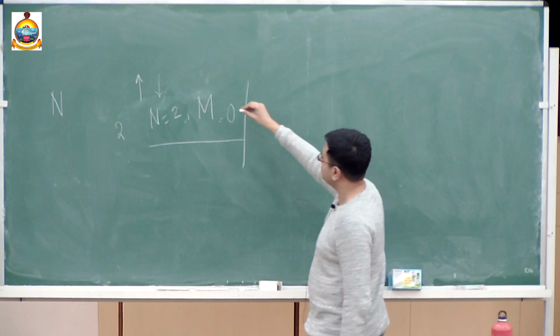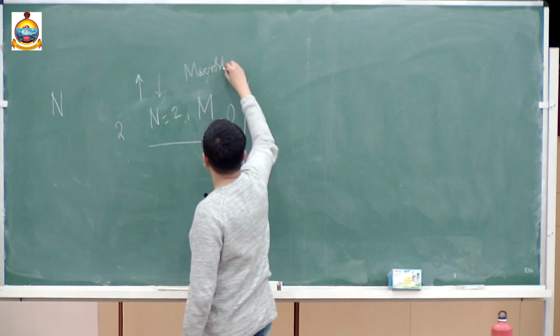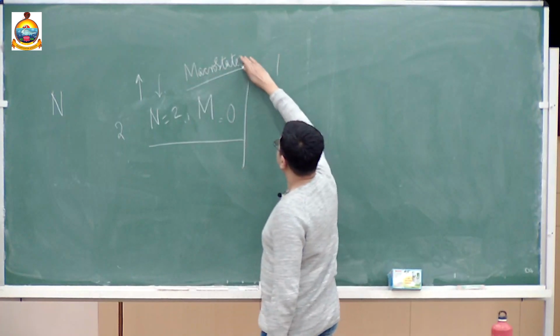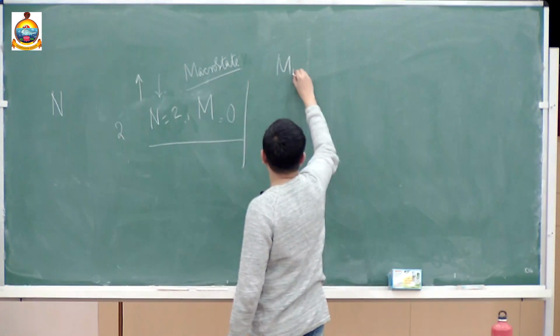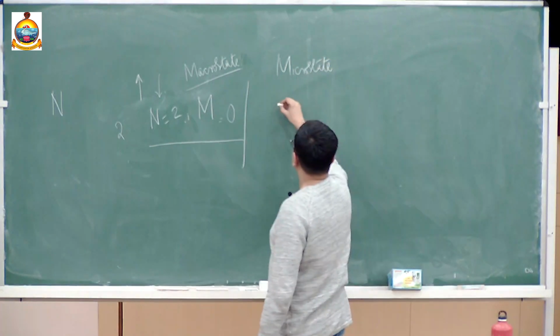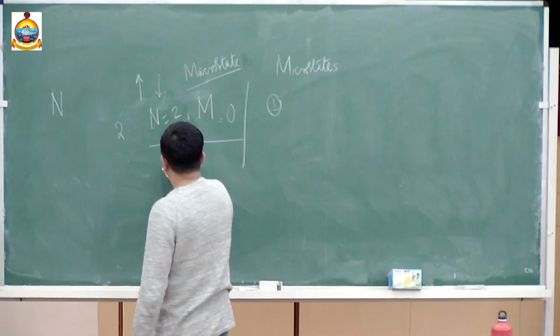So this is the macrostate, let's say. Can somebody tell me what the possible microstates are? Is there 1 or 2 or how many? Two microstates.